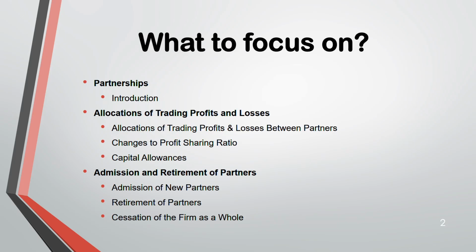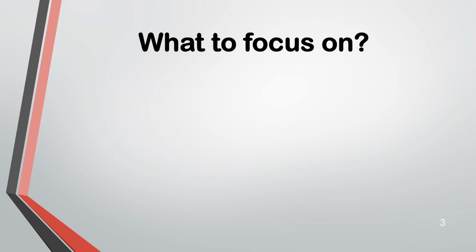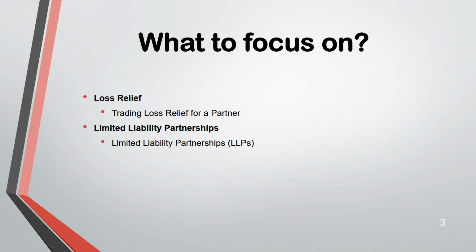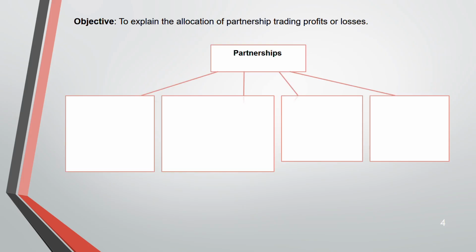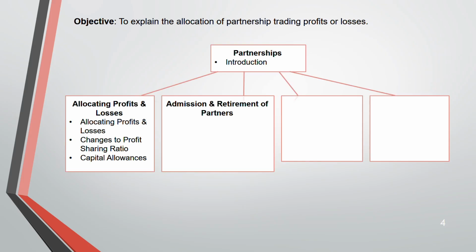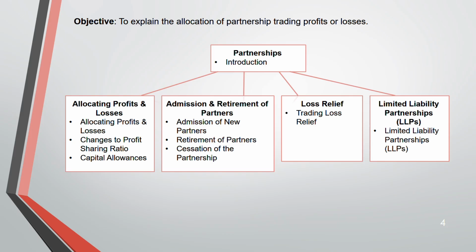And when the firm as a whole ceases, then the loss relief for partner, then the limited liability partnerships, and finally the syllabus cover, summary and the technical articles. So, under partnership, how do we allocate profit, admission and retirement of partners, the loss relief, and limited liability partnerships? These are the 4 areas we are going to cover in this lecture.